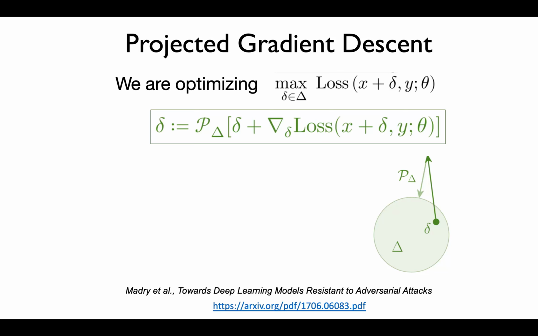So you have an iterative method that continuously projects you back to the feasible set, which ensures that you're regularly making progress. And with this projected gradient descent method, the authors Madry et al. have shown that they're able to create relatively powerful attacks.